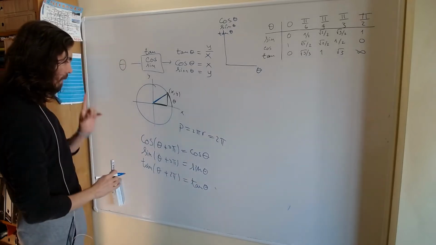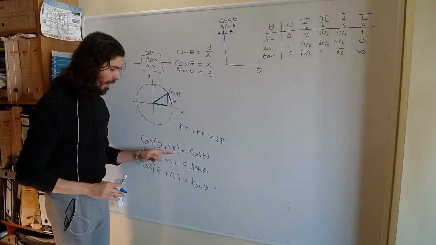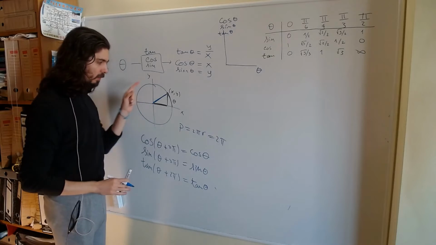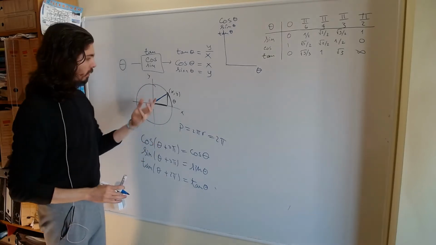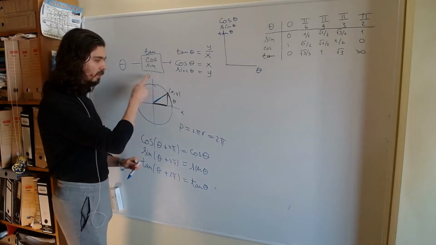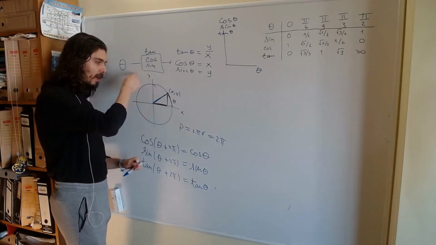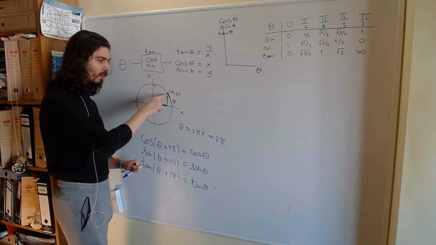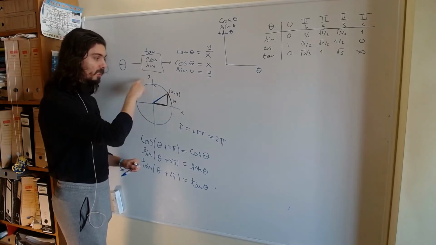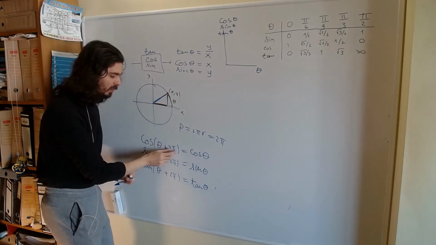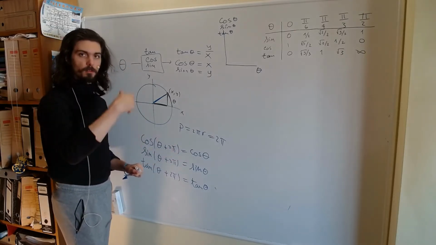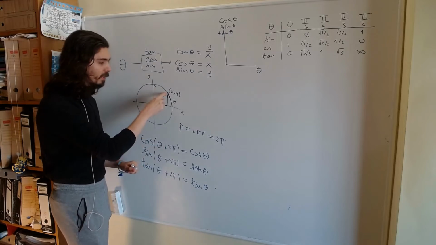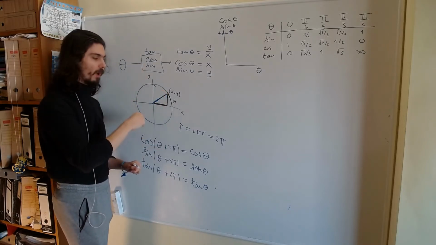Okay, now we added one full perimeter. What if you add 2 or 3 or 100? You see, you add theta and you add 3 turns, you arrive at the same point. 100 turns, you arrive at the same point. So it's not only 2 pi. You can add any multiple of 2 pi. Moreover, what if you subtract 2 pi?